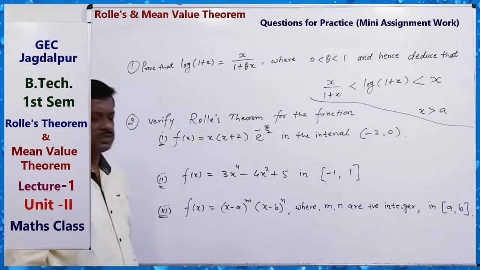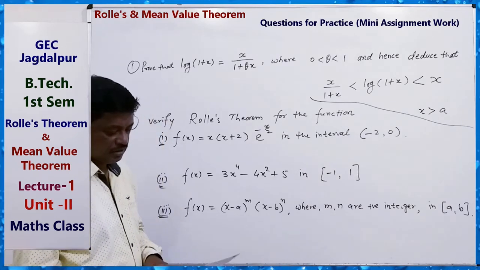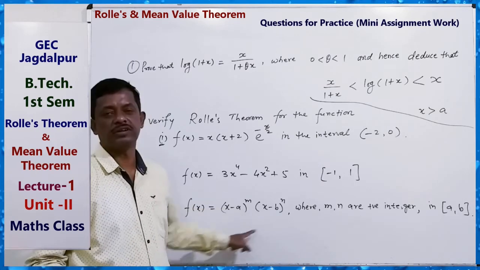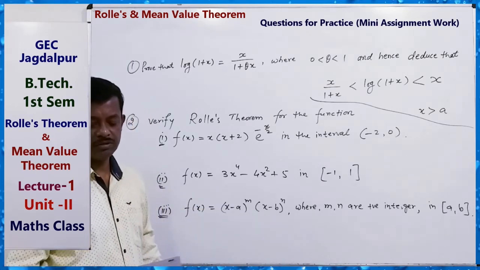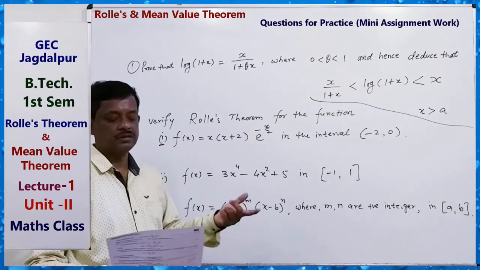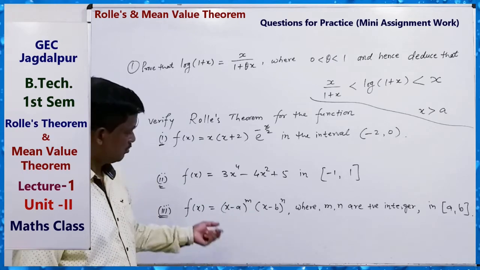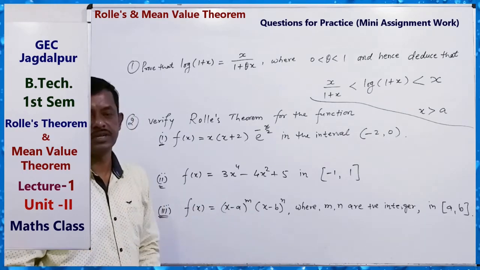So by a simple process, you can see that these two are polynomial functions, so f(x) is continuous for all values of x, and also differentiable, because a polynomial function can be differentiated.